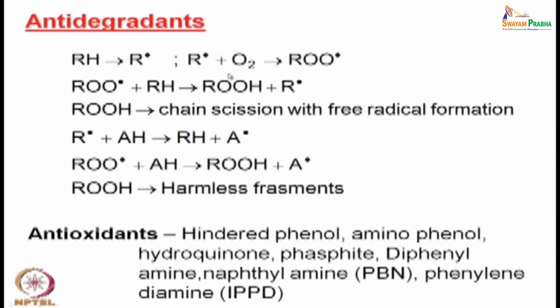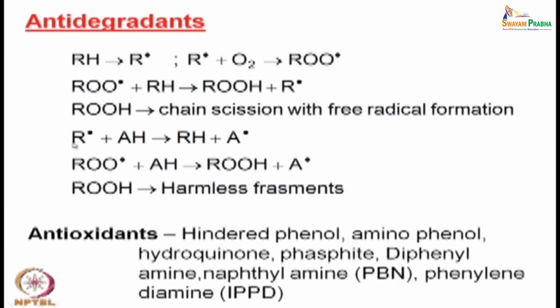Now, in order to prevent the rubber product from such degradation, an anti-degradant of AH type is used. This AH represents one anti-degradant, or it can be an antioxidant. That antioxidant will react with the free radical produced, like this R radical, by supplying hydrogen from its backbone to stabilize this R radical. That means RH has been regenerated.